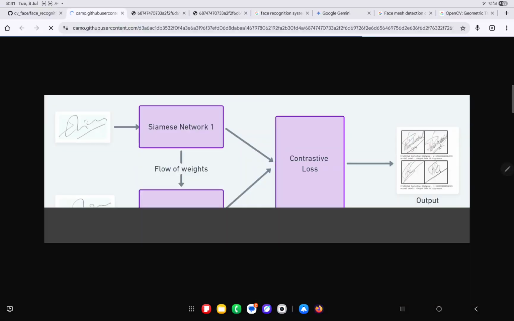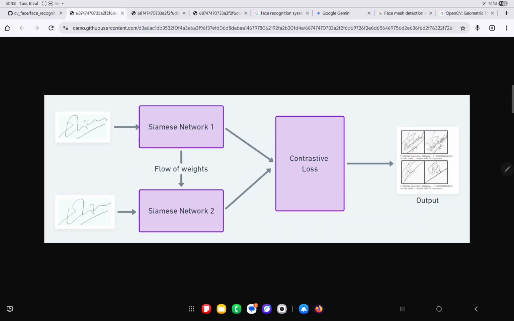There is network 1, we pass image 1 to network 1 and get the embeddings, then we pass the other image to network 2 and get the embedding, and there is some contrastive loss that compares whether those two embeddings are the same or not.